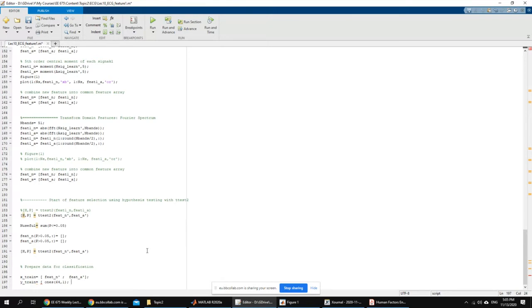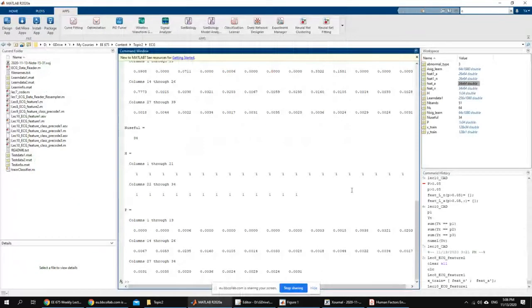We have 1 now for the normal. Just take it as 2? Let's take it as 2. Actually, it's up to you. It doesn't matter, it has no effect at all. Just choose 2 different numbers. So 2 times 1 of 64. After we run that, we're going to have X train 128 times 34, and Y train 128 times 1.